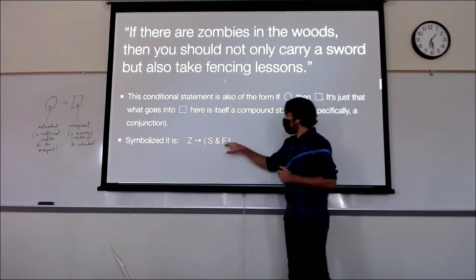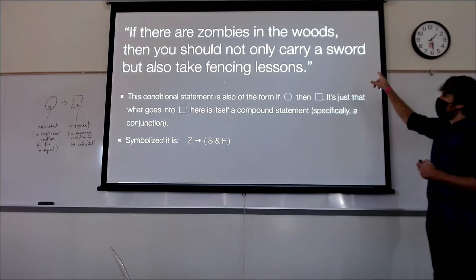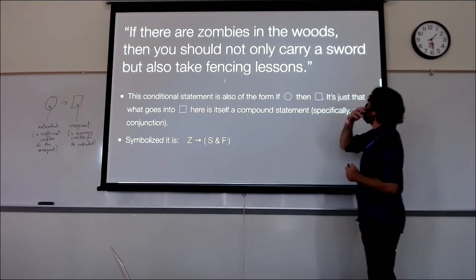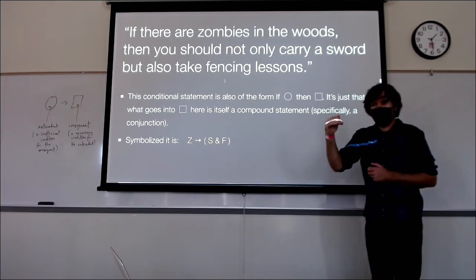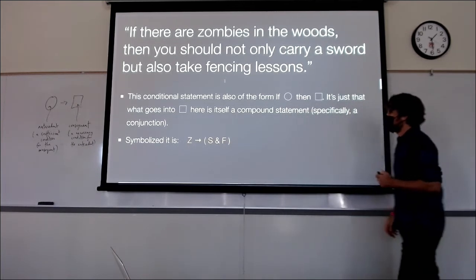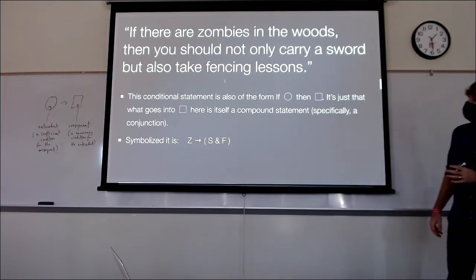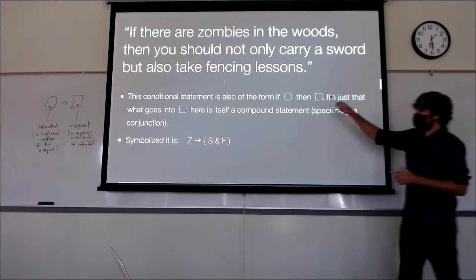Then S and F. So what's S? You should not only carry a sword, which means you should carry a sword and you should take fencing lessons. S and F. That's how to symbolize that. Questions about this?